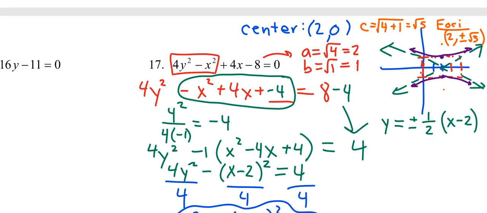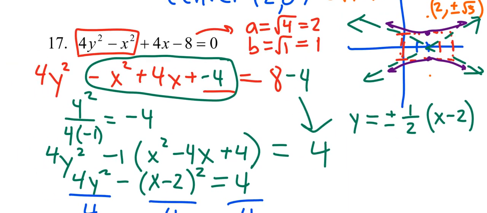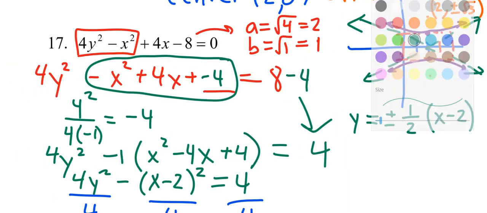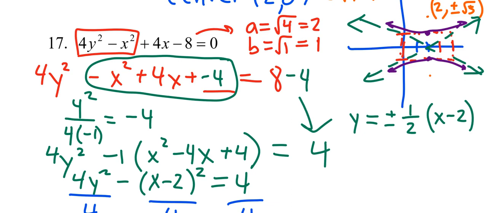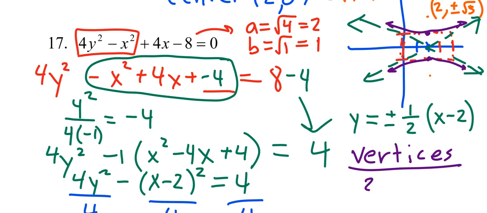Okay, now vertices. Give me the purple vertices there. How many problems do we have like this in the test? 17 million. Vertices. 2, 1. Well, they counted, right? Because they got to get to that spot right there and this spot right here.